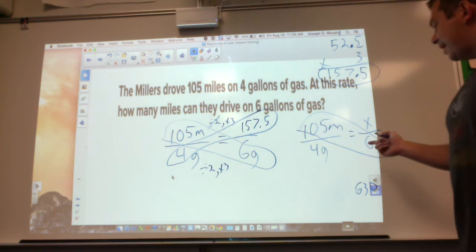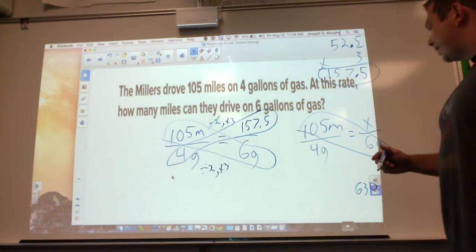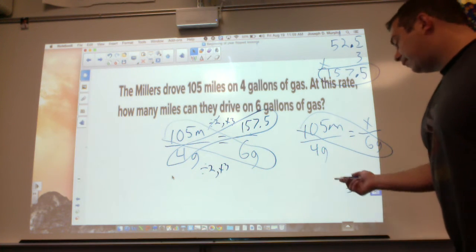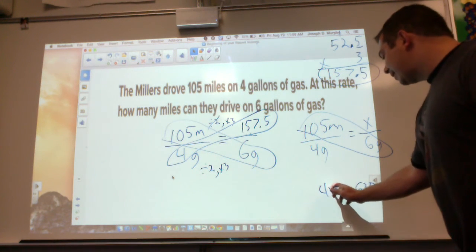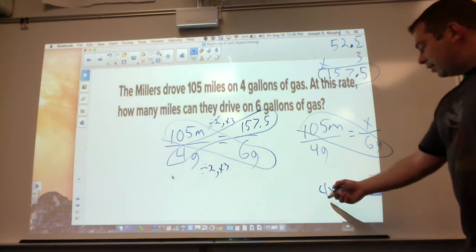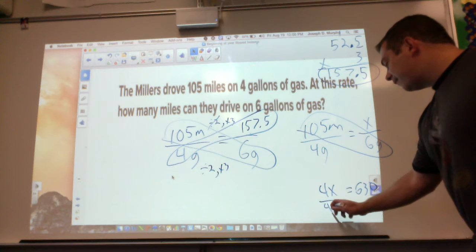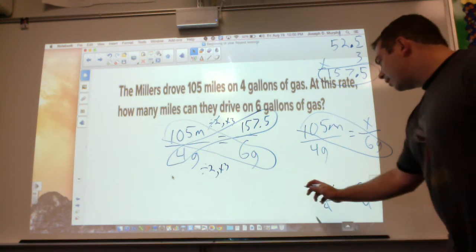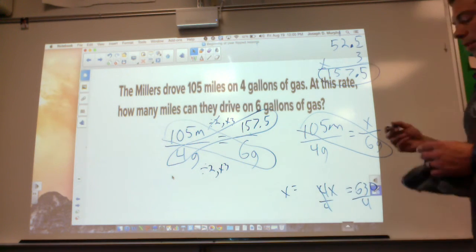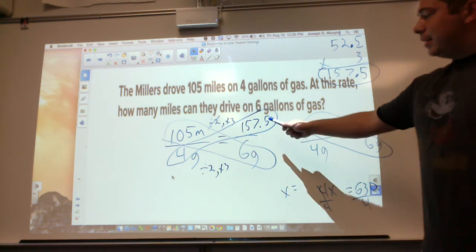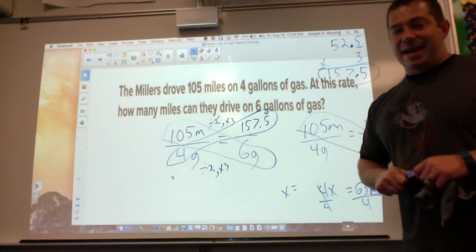Okay, and then I would do 4 times x, or 4x. So 630 divided by, well, now I have to get x by, now I'm getting to algebra. Divide by 4, divide by 4, and my x would equal, you could check that out too, 630 divided by 4. I'm telling you right now, it is going to equal 157 and a half.